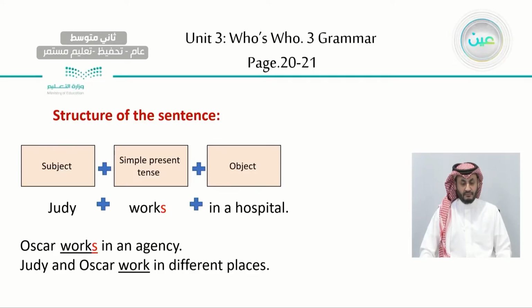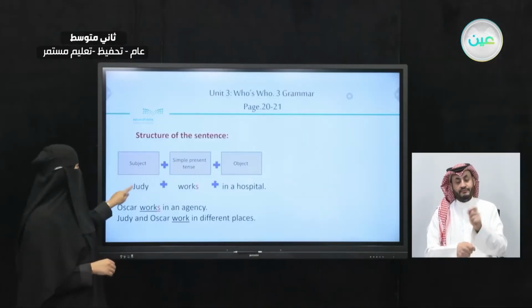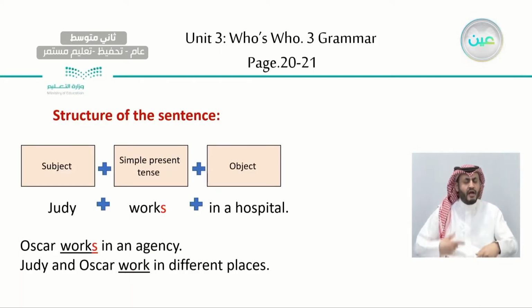Here we have subject, simple present tense, and object. So this is the structure. Let's change the subject with an actual word. Here we have, for subject, the word Judy. Judy. This is the subject. What about a simple present tense verb? We have the word works. What about object?